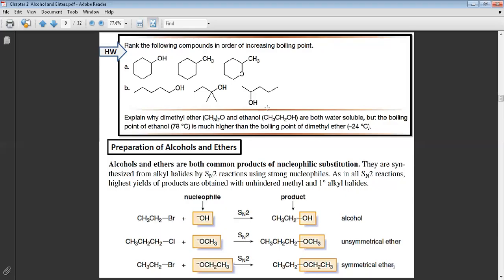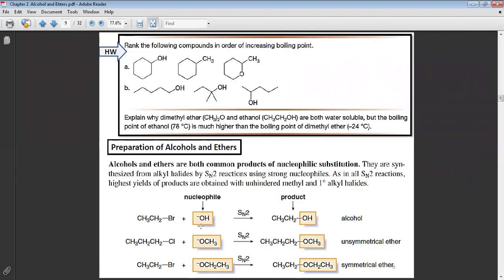Like what? They are synthesized from the alkyl halide. That means we have alkyl halide here. Look, all this is alkyl halide, by SN2 reaction. What does SN2 mean? SN2 means the nucleophile attacks from the backside to give you the substitution reaction.